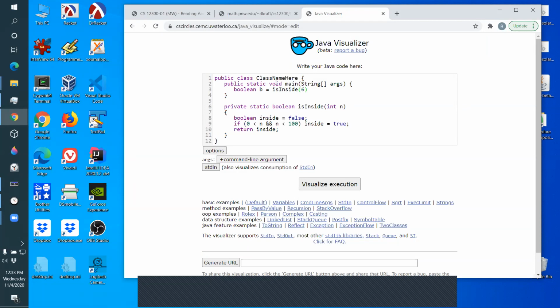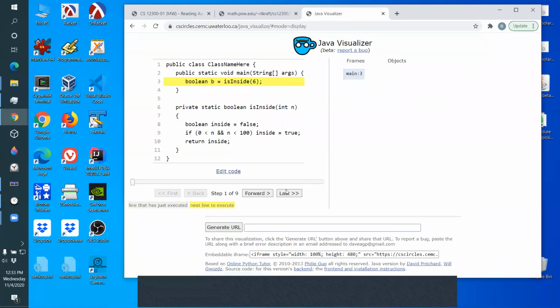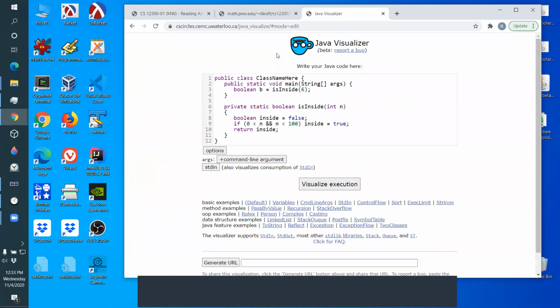And if I want to see how it works, step forward. So true. It tells you whether n is inside the range between 0 and 100. Okay, so it worked.